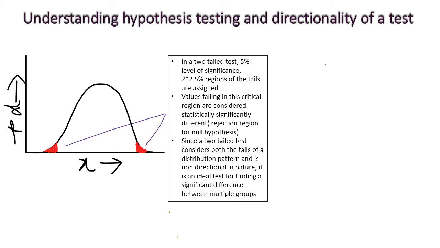So to summarize, if we are performing a two-tailed test at 5% level of significance, 2.5% regions of the tails are assigned, and values falling in this critical region at the two ends of the distribution curve determine whether we reject or accept the null hypothesis. So if our values fall in this critical region, it results in rejection of the null hypothesis, or alternatively acceptance of the alternative hypothesis.